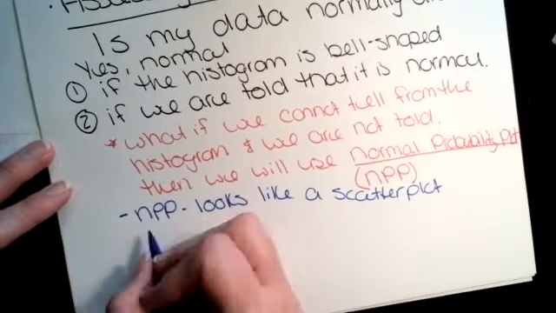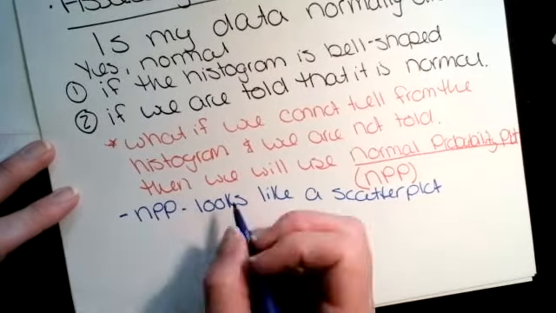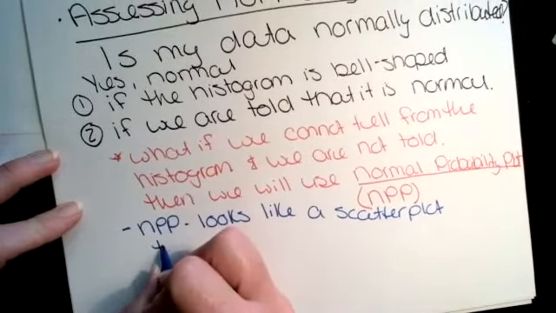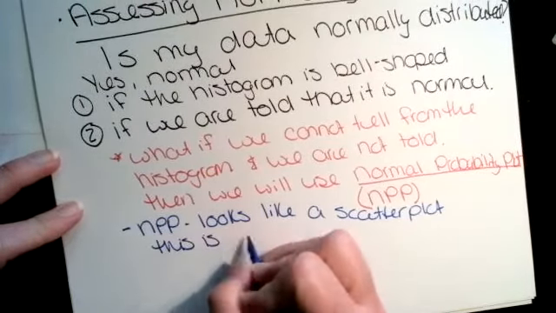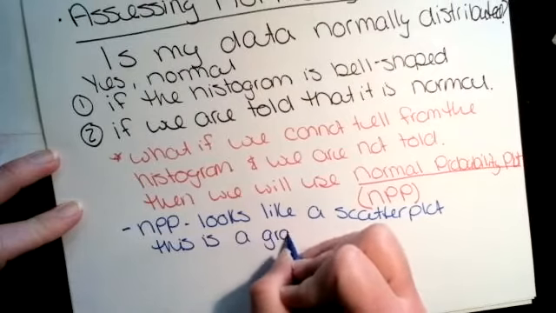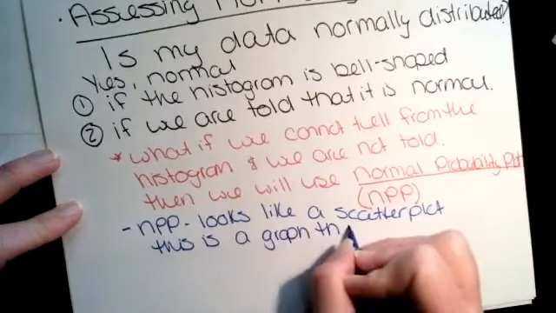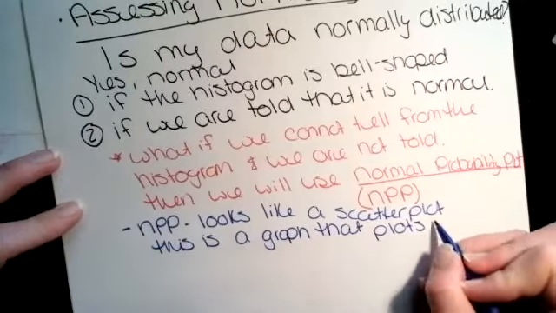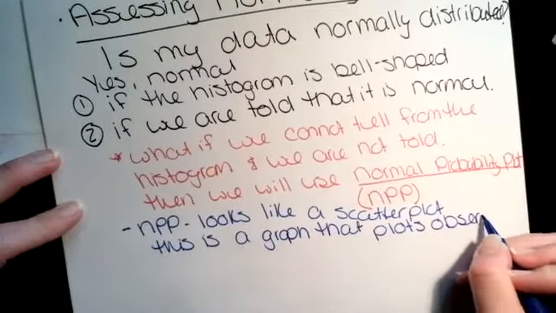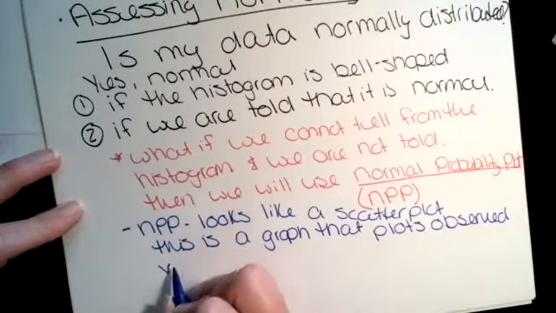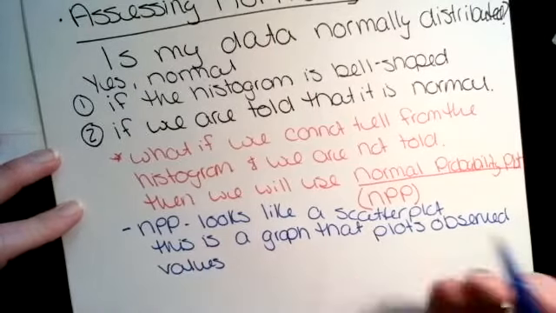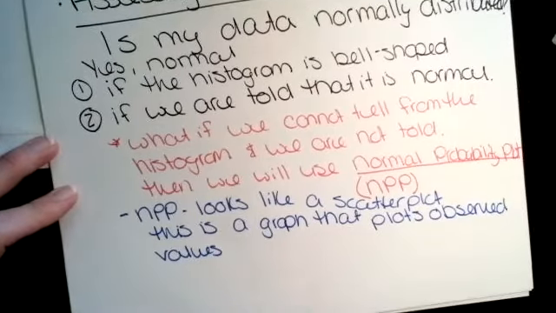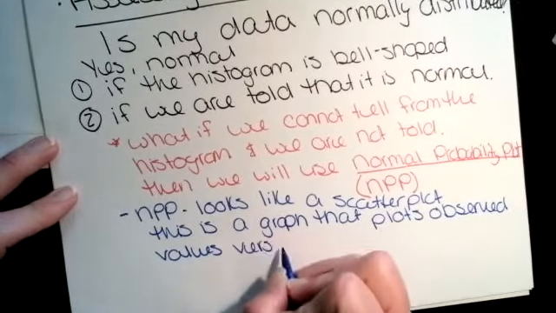An NPP is a graph that plots observed values. Remember, these are my actual data values that I collected. This is what I actually have. Observed values versus normal scores.